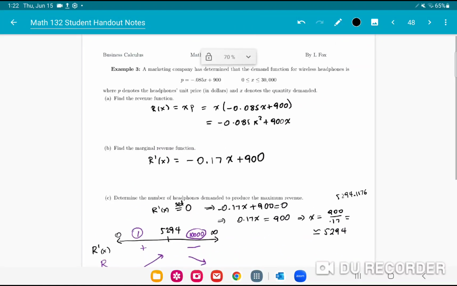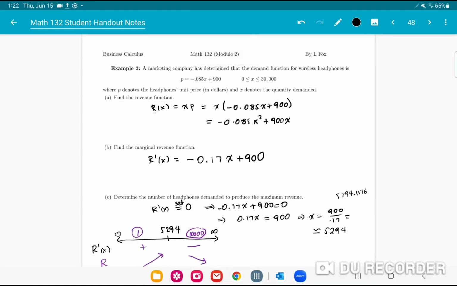Okay, so I calculated the revenue function as X times the unit price, and this is the revenue function. To get the marginal revenue, take the derivative of this function, which is 2 times 0.085, which is 0.17.